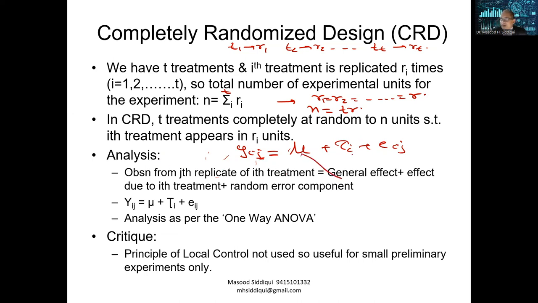Here mu and tau i are constants, and the sum of tau i is 0, and all the error terms are identically independently distributed normal with constant variance. So this is the condition for the error term: Yij equals mu plus tau i plus eij with this condition.